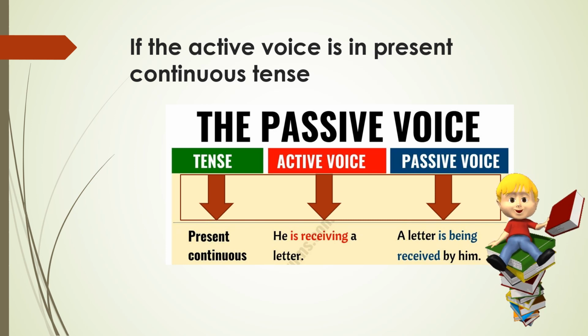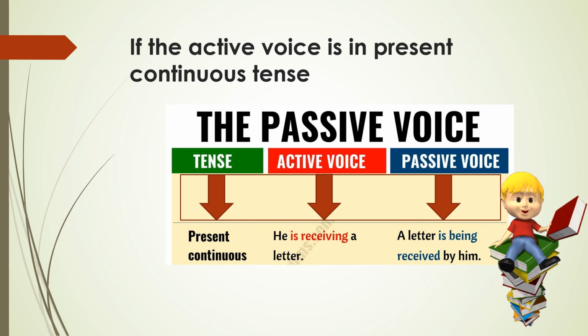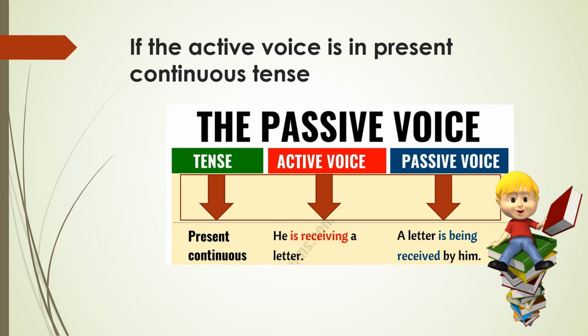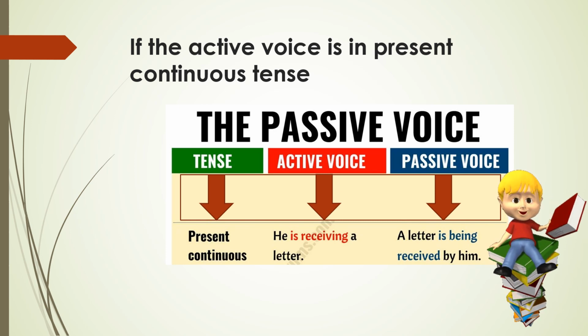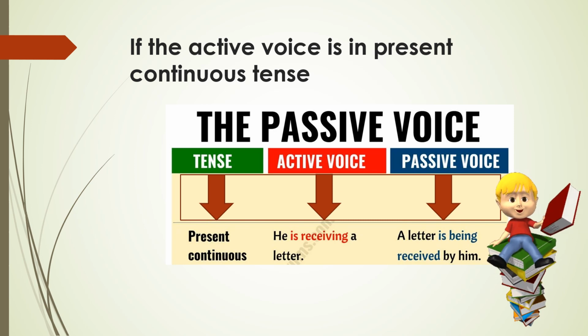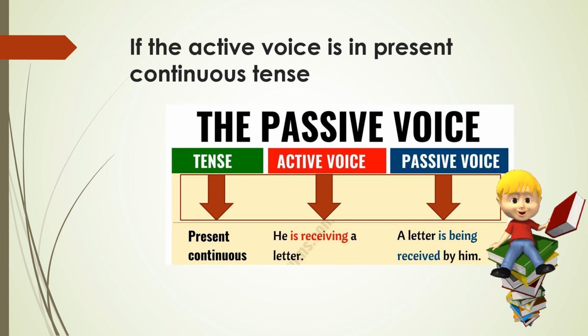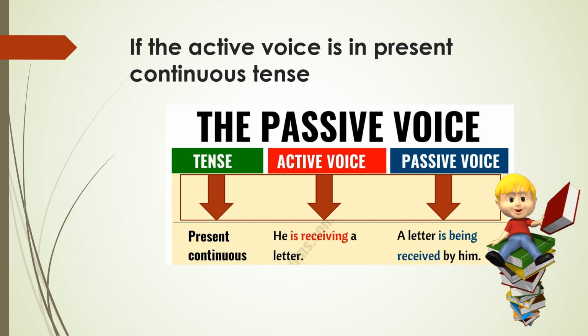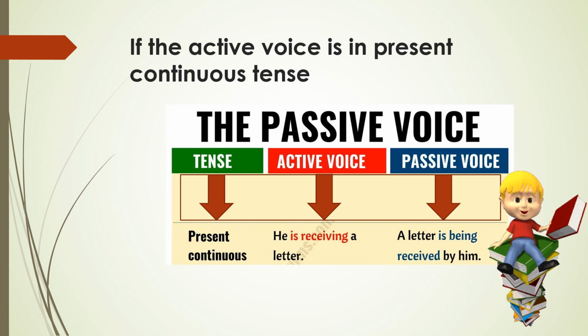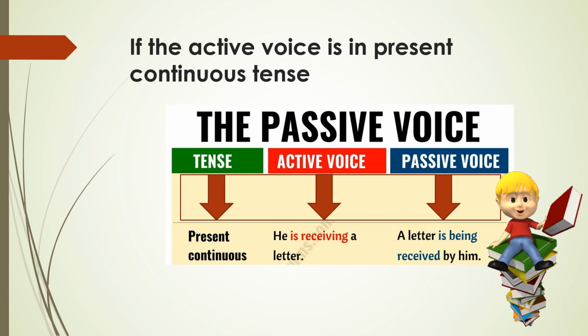Similarly, if the subject is plural, you will write are being received by him or them. Similarly, if there is a first person pronoun like I, you will add am. So this is how you convert active voice given in continuous tense into passive by adding the word being, along with the helping verb, before the third form of verb.